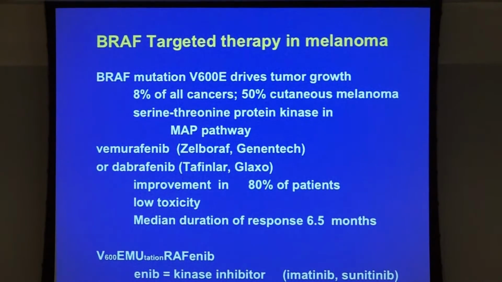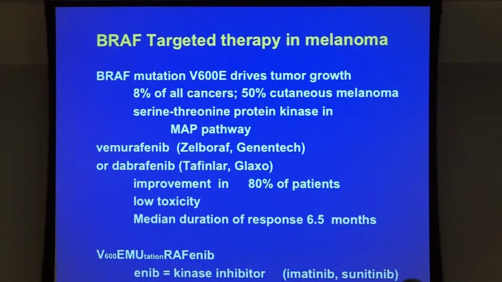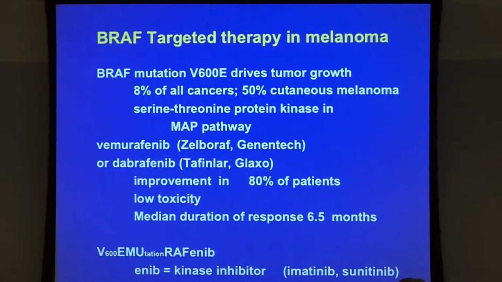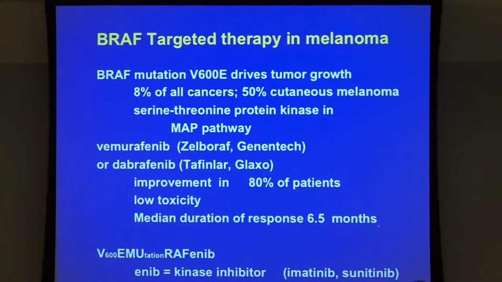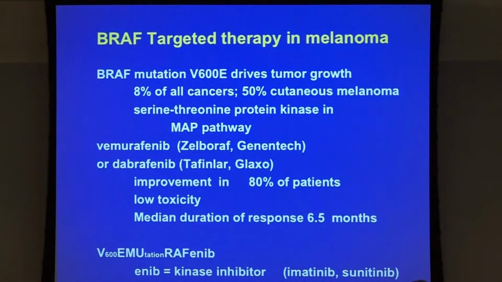In the era of chemotherapy, we saw improvement in only 5 to 15% of patients. Here, with targeted therapy, we see improvement in 80% of patients. The toxicity is lower than with chemotherapy. However, the median duration of response, how long the improvement lasts, is unfortunately only about 6 months.